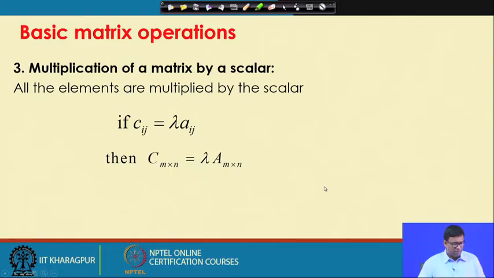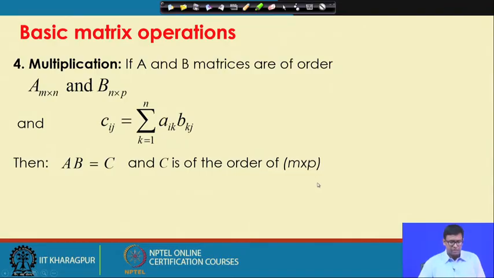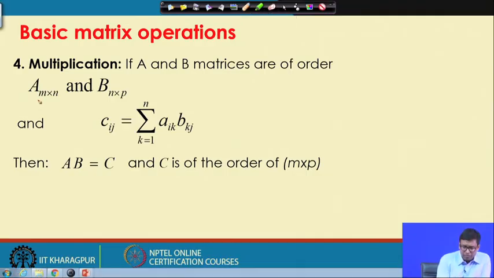And a very important operation is matrix multiplication. When we multiply two matrices and get a resultant matrix, matrix multiplication is only defined when the order of one matrix and the order of the other matrix have something common, that is, the number of columns of the first matrix is equal to the number of rows of the other matrix.